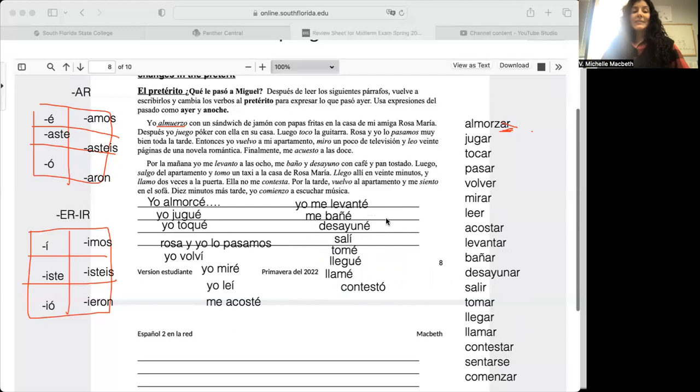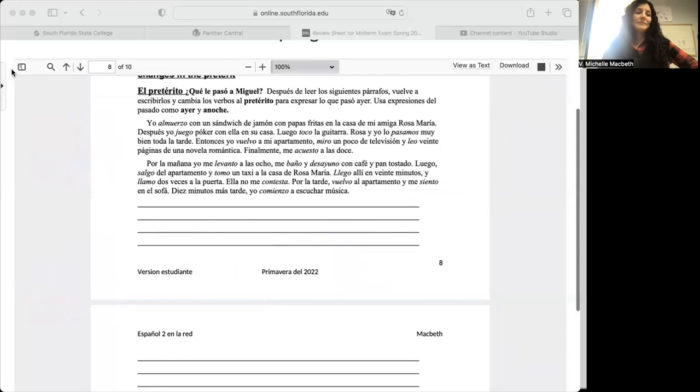Okay, we have volver again, so that's an ER. So volví. ¿No? Okay, here. Y me siento, sentarse is an AR verb. So me senté, ¿no? En el sofá, 10 minutos temprano, más tarde yo comencé. This one also has a bit of a weird spelling thing in it. But, okay. A escuchar música. Okay.